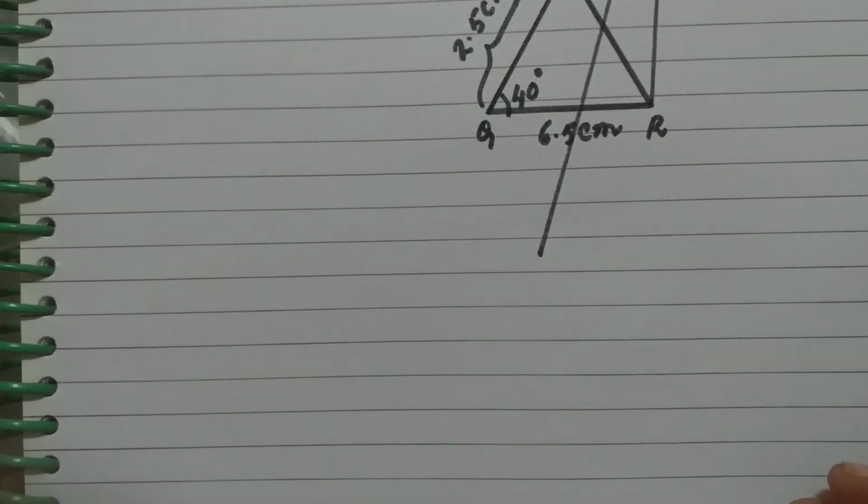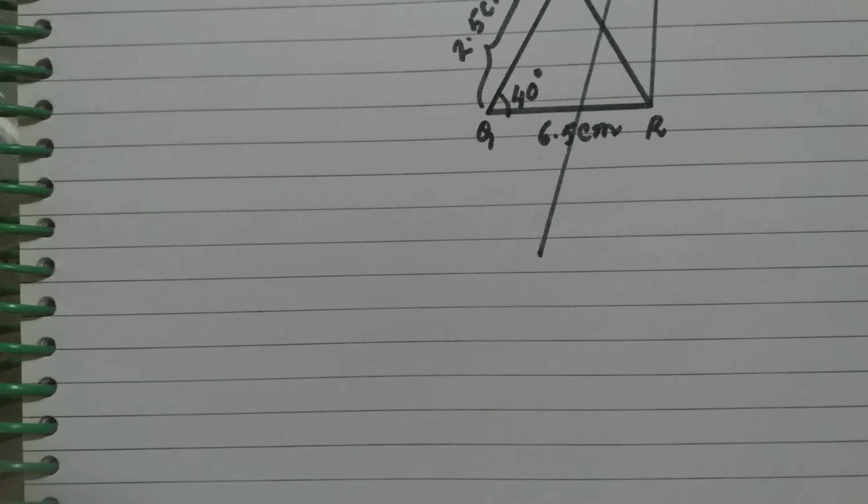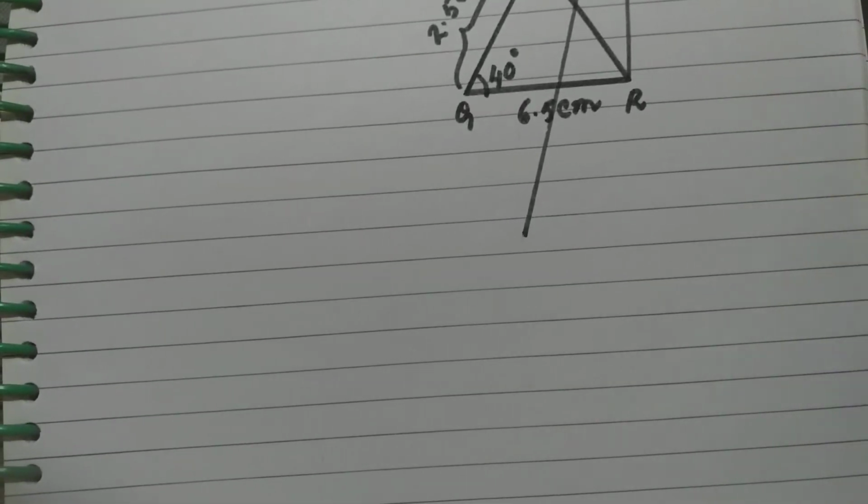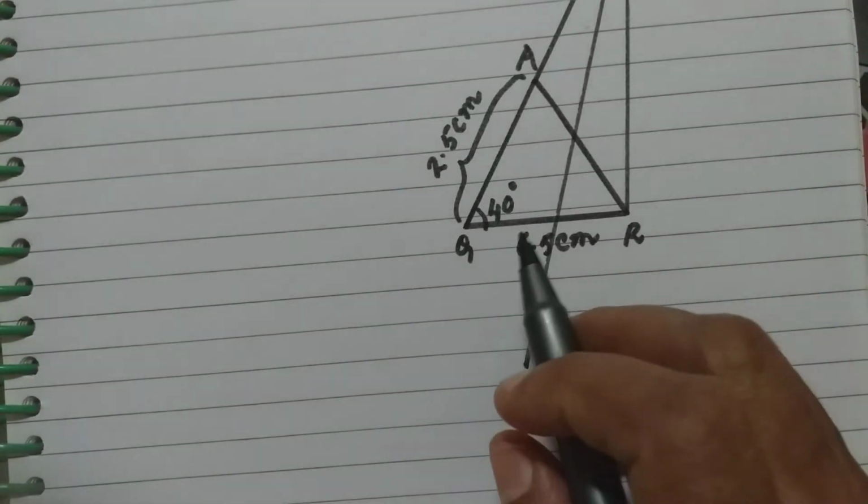What do we do first? We draw the base QR as 6.5 centimeter. Okay, so you have here. Once the base is drawn, we see what is angle Q given. Angle Q is given as 40 degrees.